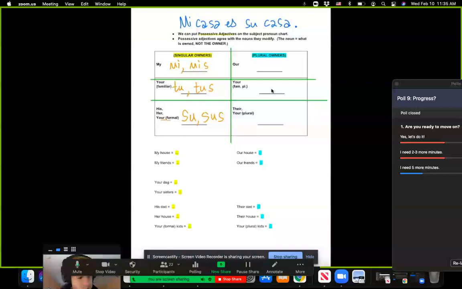We also use this with usted. So su nariz could be his nose, her nose, or your nose, if I'm being formal. See? And if I'm talking about eyeballs, her eyes, sus ojos, his eyes, sus ojos, it's the same.